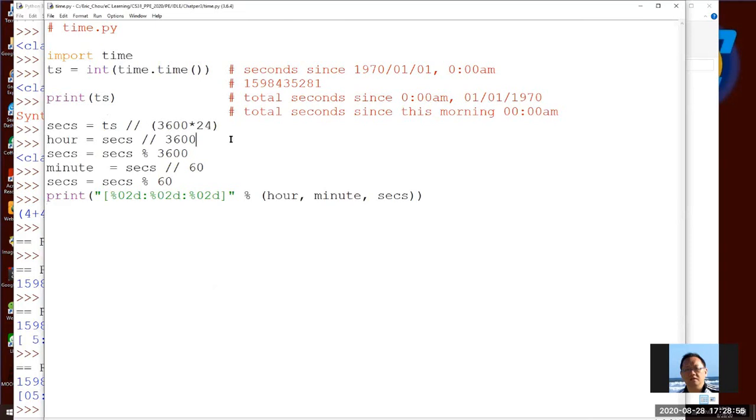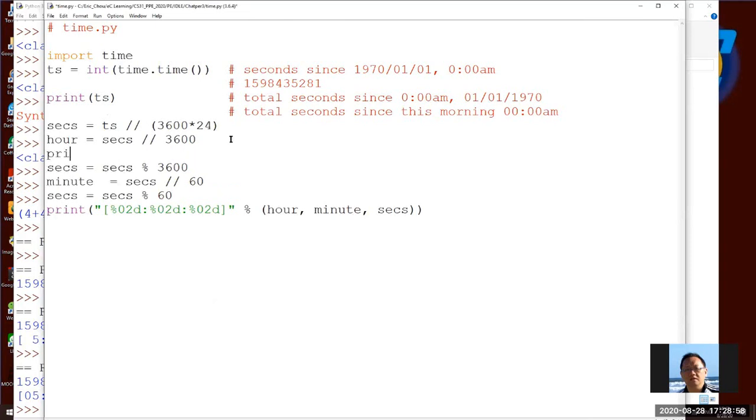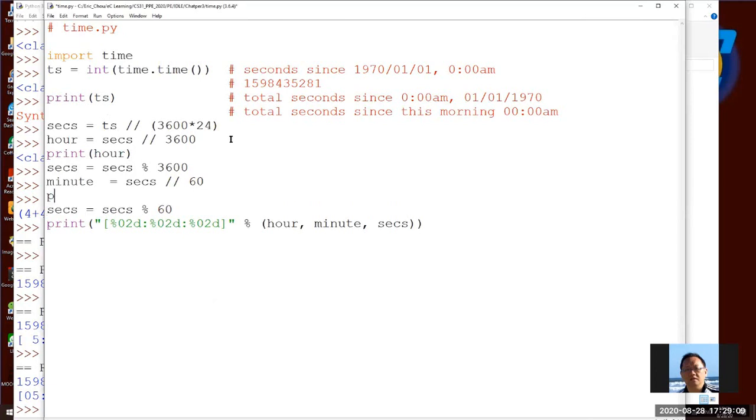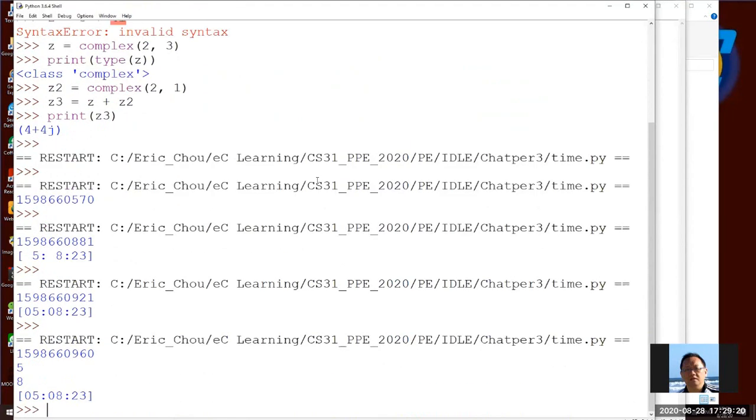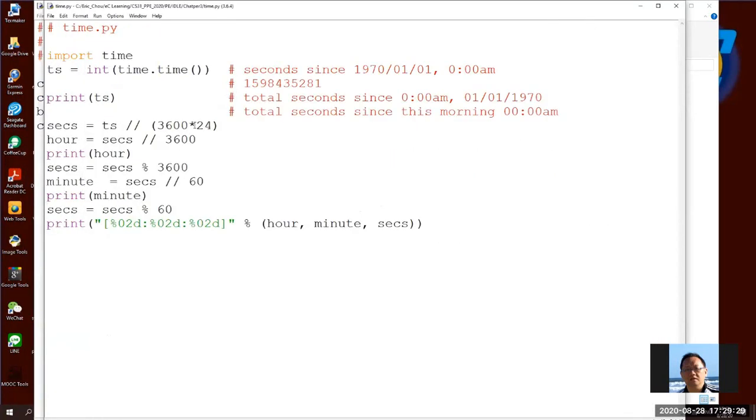So here, let me actually print hour. So 5 hours. Let me see. I think the time is wrong. Okay, the timestamp is wrong.